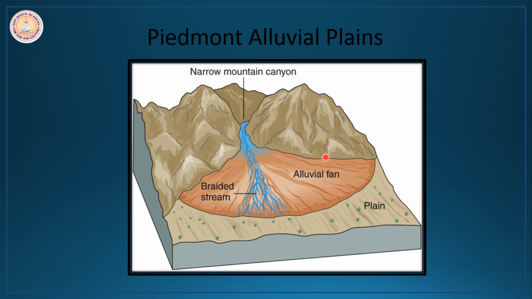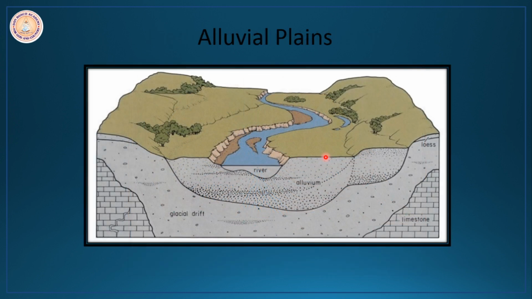That is, depositional plains have got alluvial plains which are formed due to the deposition by rivers. You can see over here a river is coming down the mountain and it has formed a plain on its sides. So the plains formed by gradual deposition of alluvium brought down by the streams are known as alluvial plains.